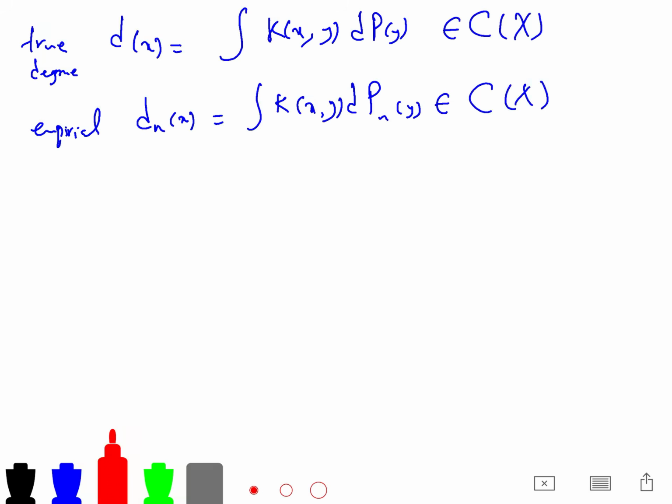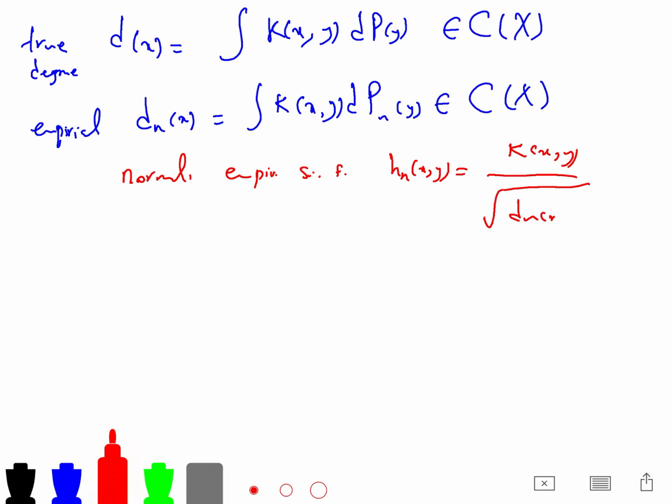So we can define the normalized empirical similarity function h_n of x and y. This one is equal to k of x and y divided by d_n of x, d_n of y.